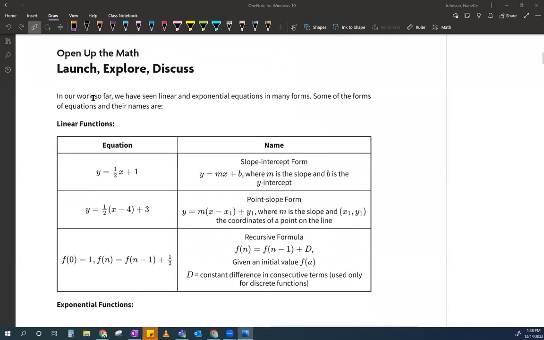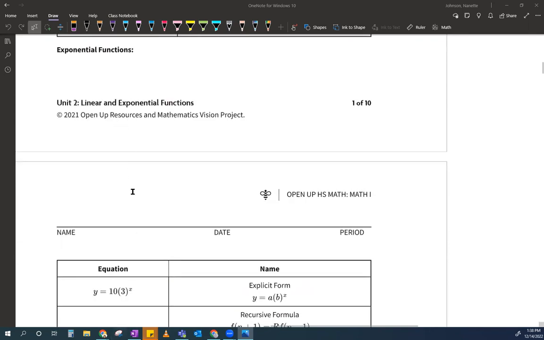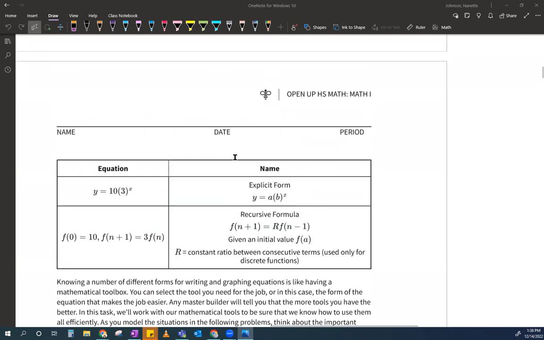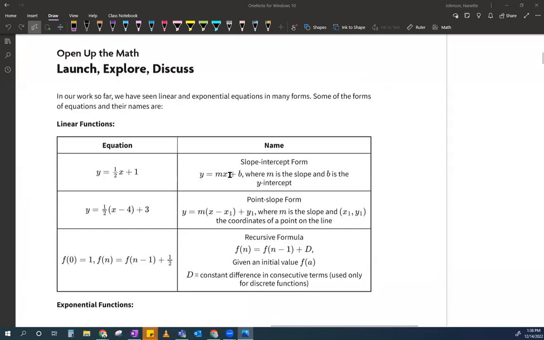So here we go. In our work so far, we have seen linear and exponential equations in many forms. Some of the forms of equations and their names are, up here, the linear equations we've learned, and down here, the exponential. Up here, we've learned about slope-intercept form, the one you've known since probably 6th and 7th grade, but really formally in 8th grade.